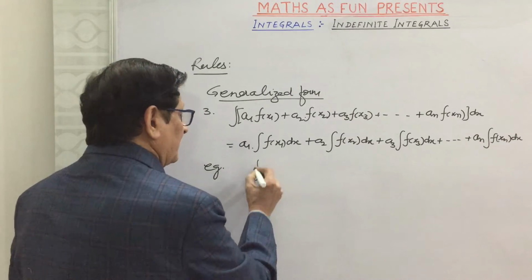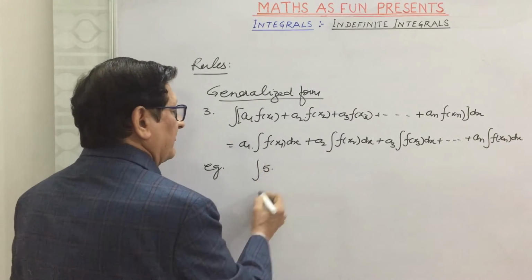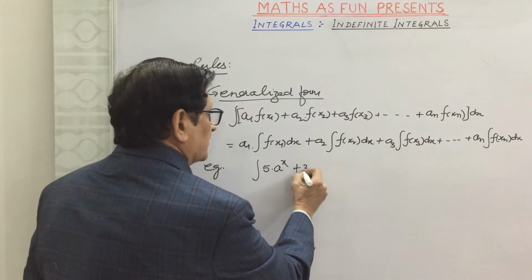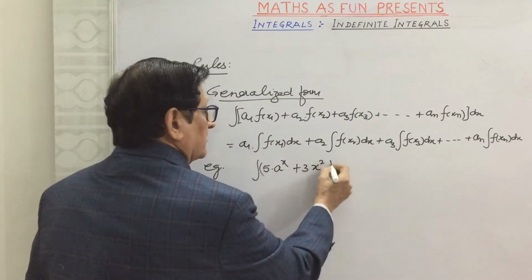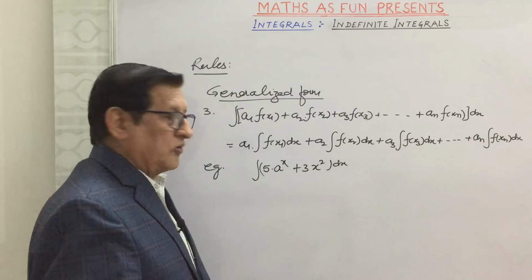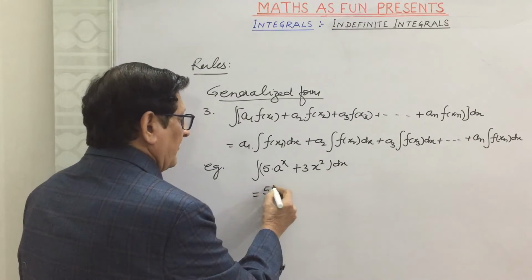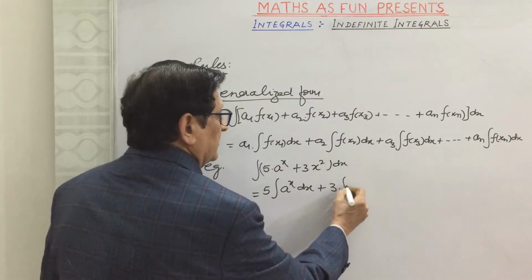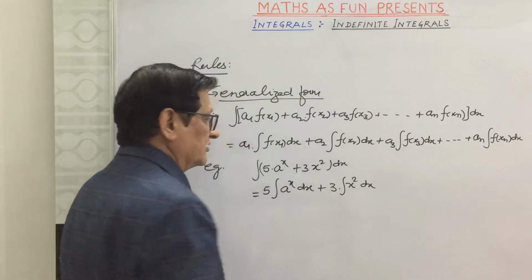Suppose we have been given a question, 5 into a^x plus 3x square. We can write it as 5 into integration of a^x dx plus 3 into integration of x square dx.